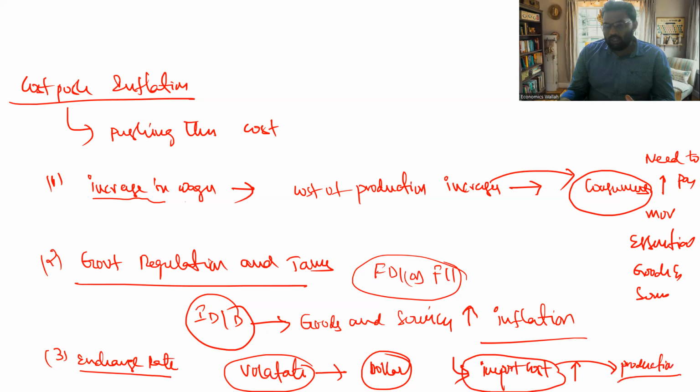At the end of the day, the companies want to make profits. They are not in it for charity in any economy, for that matter in capitalistic societies. So when the import cost increases, the production cost also increases in India.